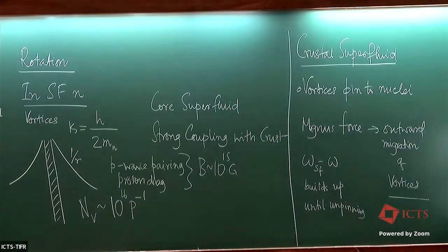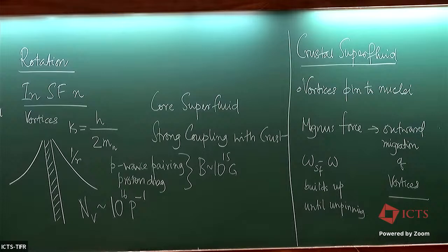So this is going to cause a jerky adjustment of the superfluid angular velocity. Omega minus omega_s will build up. Omega_sf is constant, omega is going down. So this is going to build up, and when the Magnus force becomes strong enough, then the vortices will unpin and let go.